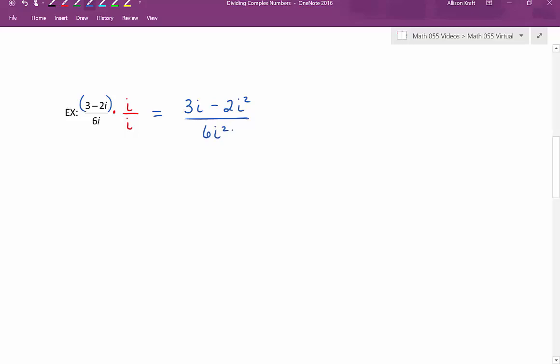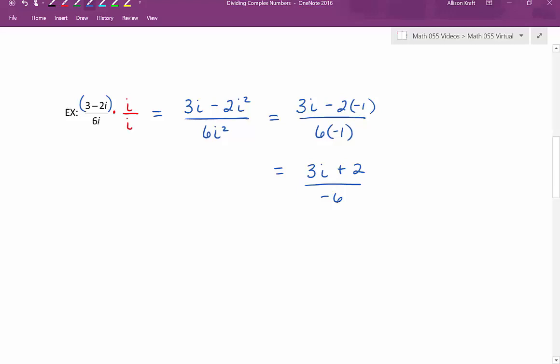We want to replace any i squareds with -1. 3i minus 2 times -1 over 6 times -1. Let's do our multiplication. 3i plus 2 over -6.